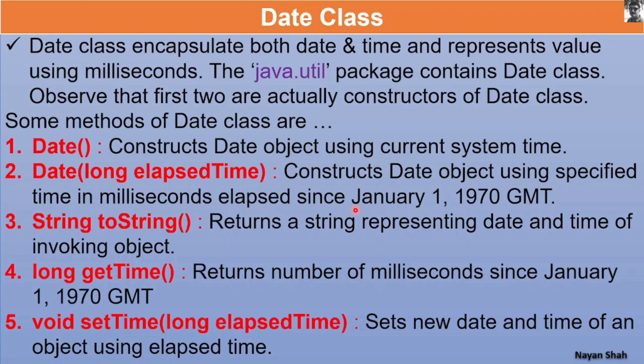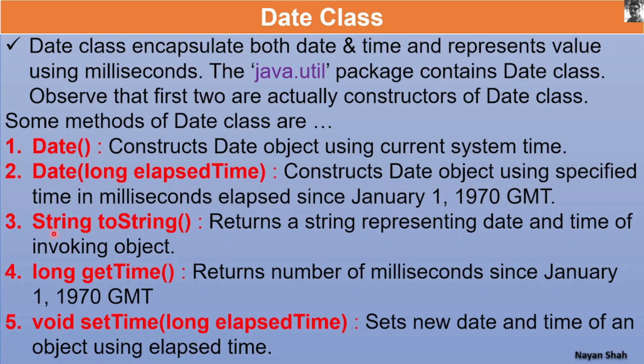It will start counting milliseconds right from the very first second of 1st January 1970. So naturally the value to get the present date and time would be a very long value, and that is why the data type kept is long. We will see this with examples also.